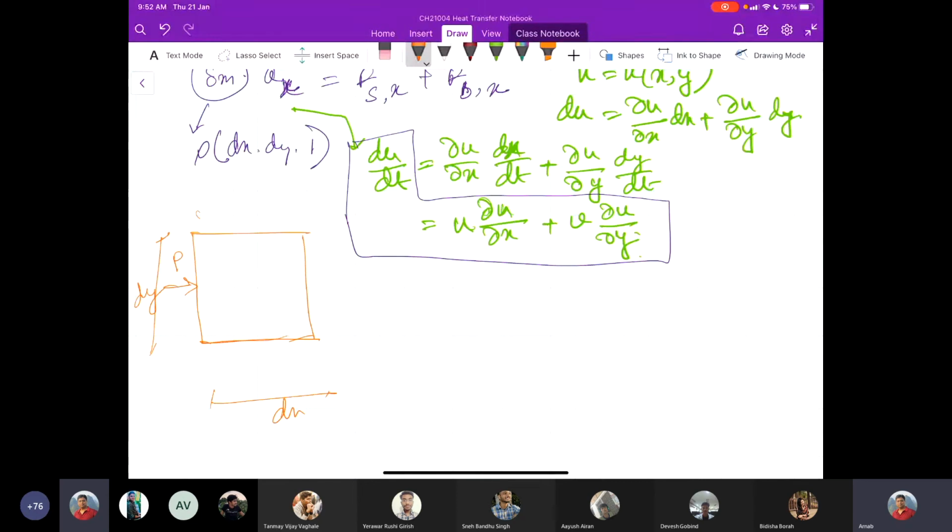The pressure force acting on it is p plus del p by del x multiplied by dx. The shear force is tau plus del tau by del y dy, provided this is our point x, y. So this is basically dx, this is dy.